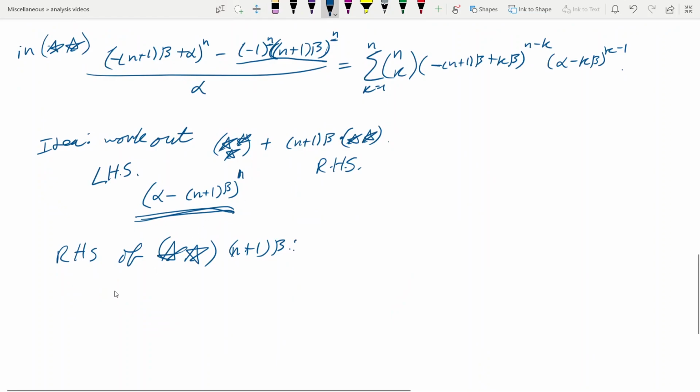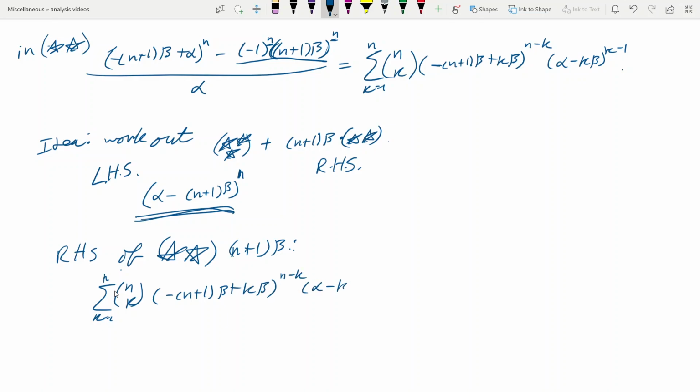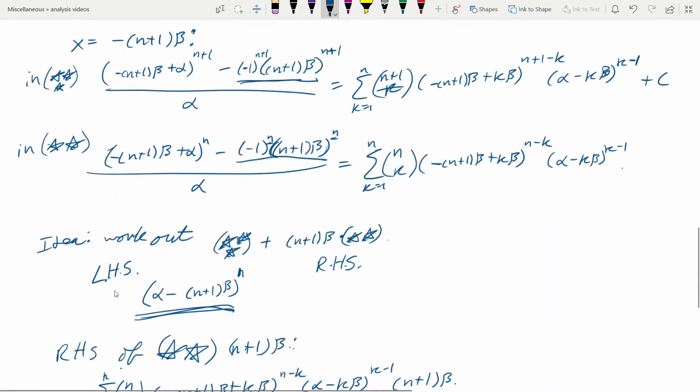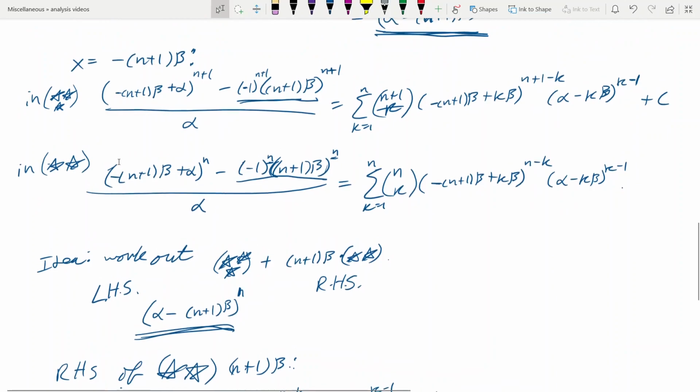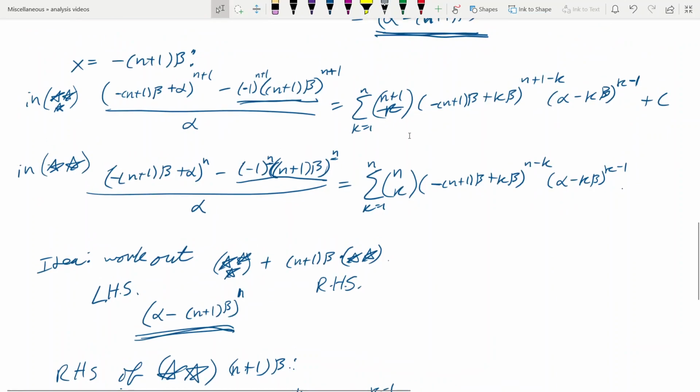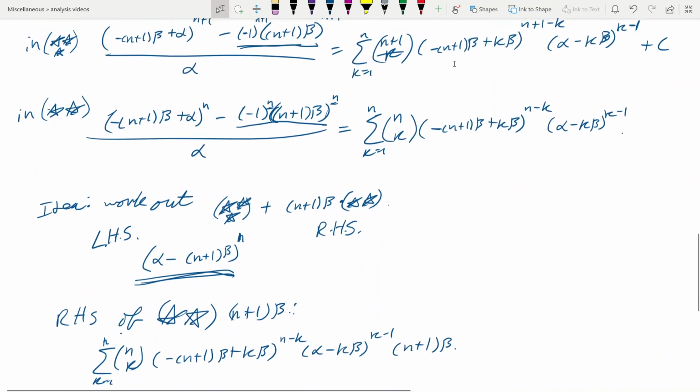So this is going to be the sum of n choose k with negative n plus 1 beta plus k beta to the n minus k, minus k beta to the k minus 1, times n plus 1 times beta. And we want to try and make it resemble the right-hand side of triple star, at least the part with the sum.